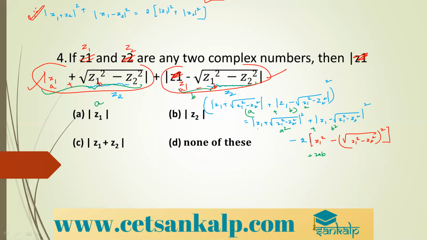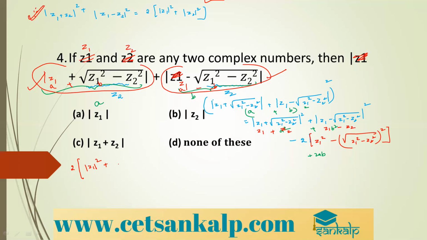Where I'm using here Z1 plus Z2 whole square plus Z1 minus Z2 whole square will be 2 times Z1 square plus Z2 square.